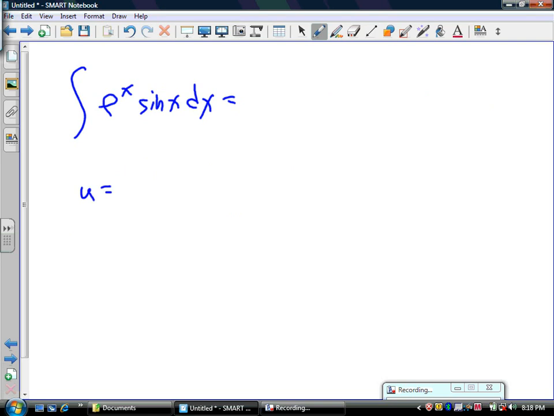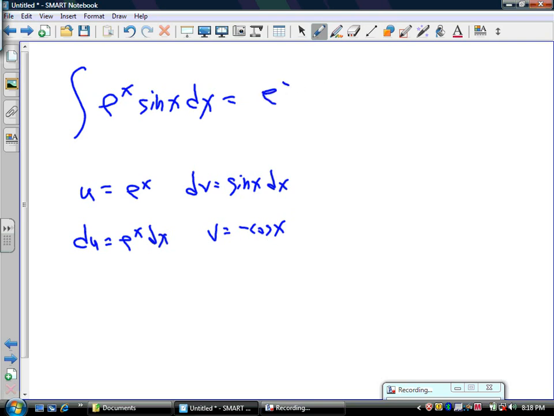So who's u? E to the x. Who's dv? Sine x dx. So who's du? E to the x dx. And who's v? Negative cosine. Remember, the derivative of the sine is cosine, but the antiderivative of the sine is the opposite of the cosine. So what do you get? What times what here?